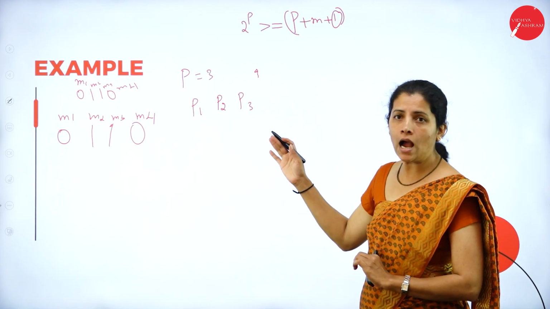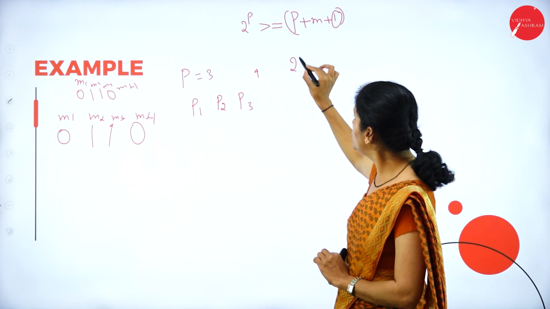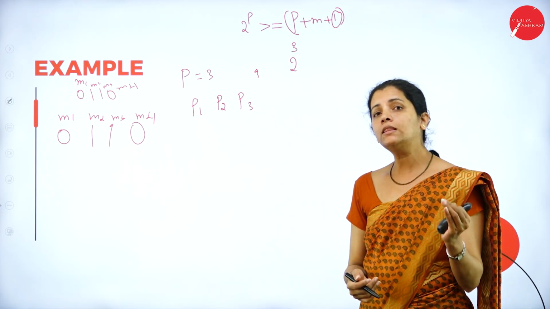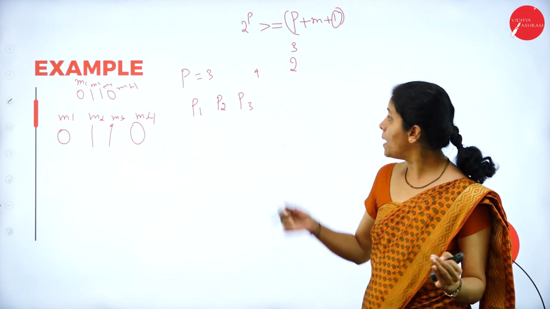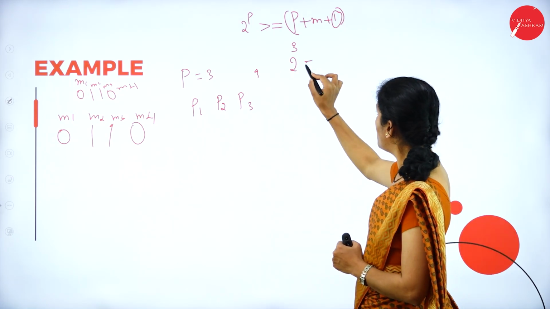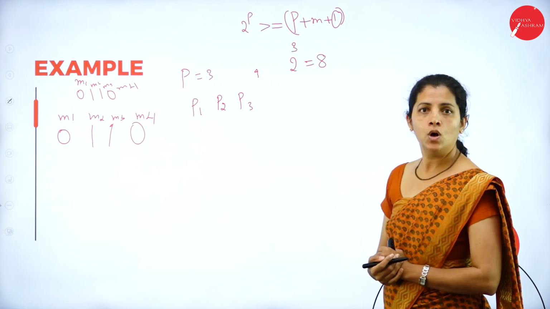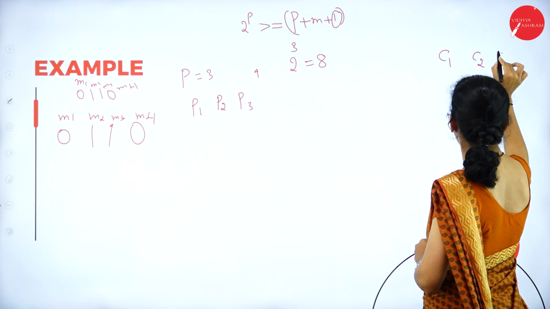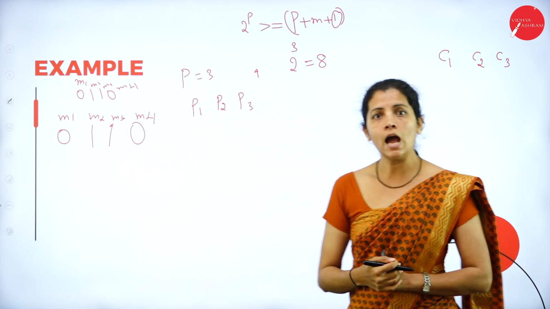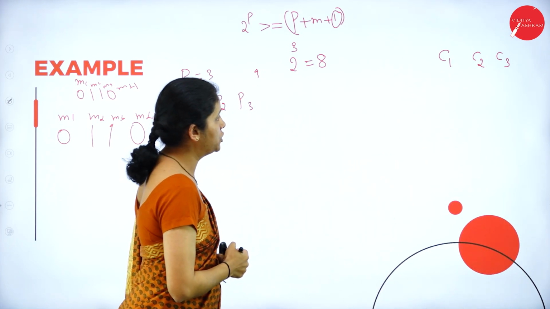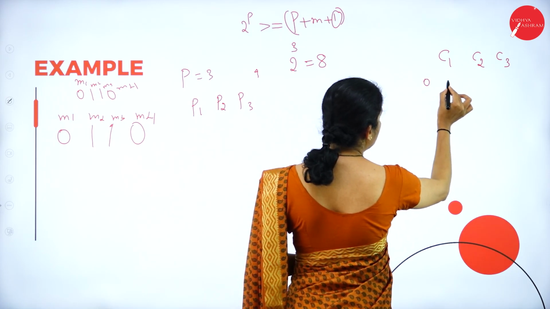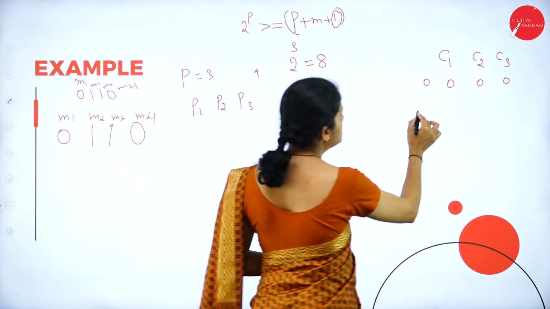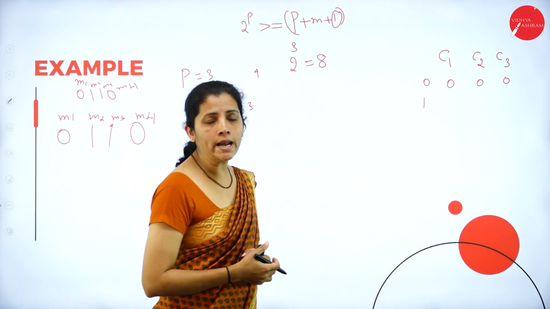Now, if I consider 2 to the power 3, what are the possible combinations I am going to get? 2 to the power 3 is 8. So here I'll take C1, C2 and C3. Let me write all the combinations here. 0 is 0, 0 and 0. How can I represent 1 in binary?